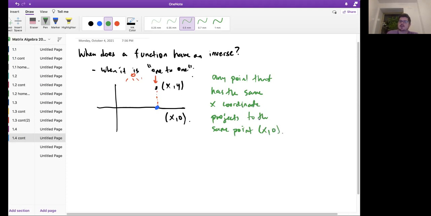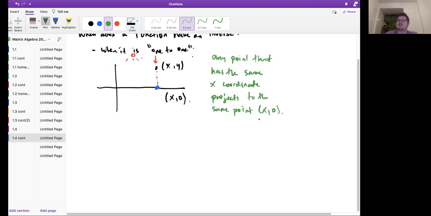So that's the multiple x: multiple domain values give you the same y value.